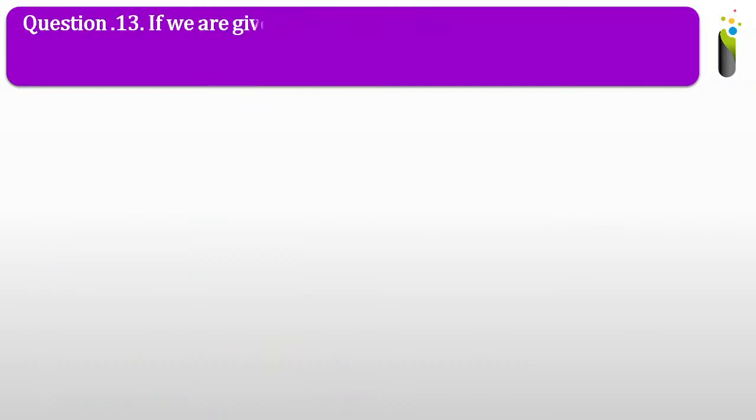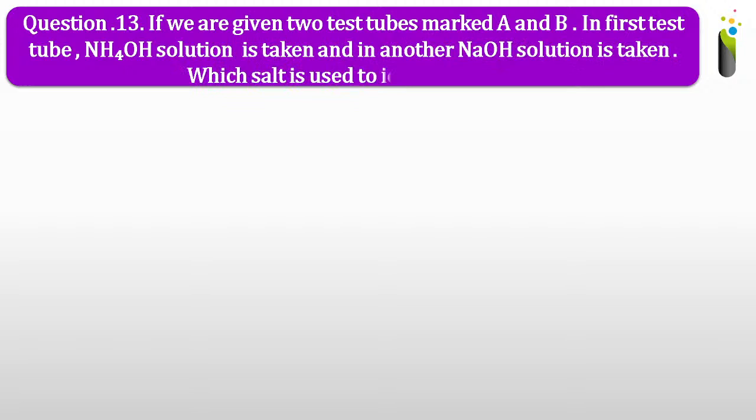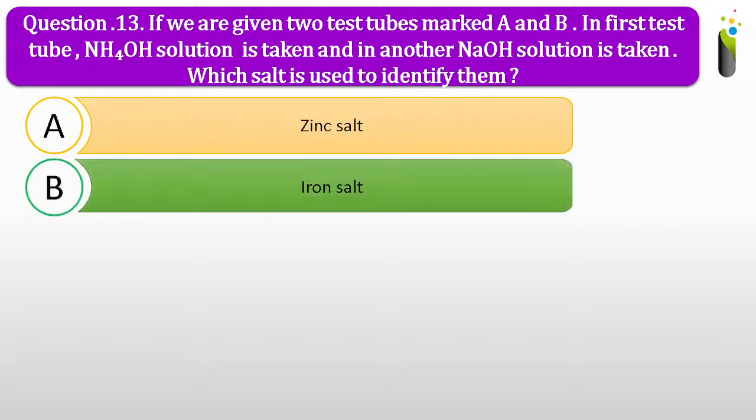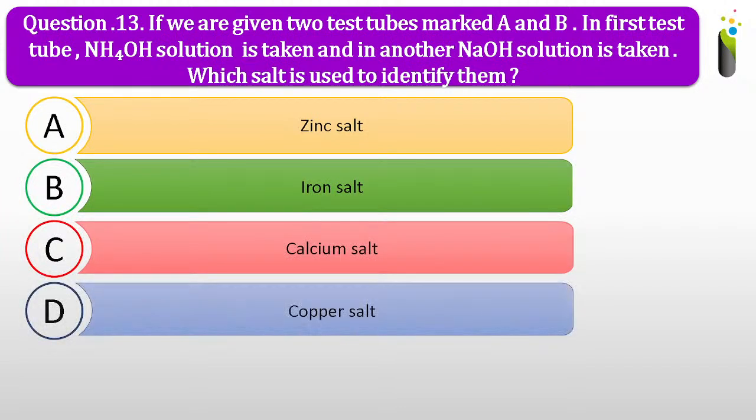Question number 13. If we are given two test tubes marked as A and B, and in the first test tube NH4OH solution is taken and in another NaOH solution is taken, which salt is used to identify them? A. Zinc salt, B. Iron salt, C. Calcium salt, D. Copper salt.